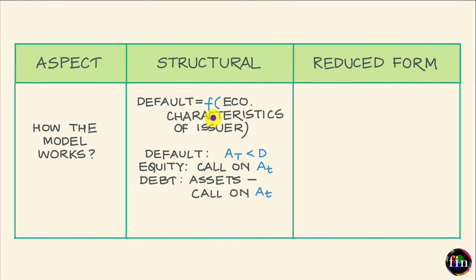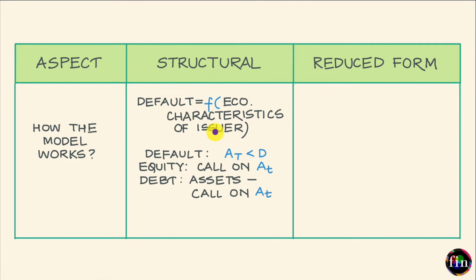These economic characteristics can be, for example, the levels of the assets, the riskiness of the assets as measured by the standard deviation or volatility, the structuring of the cash flows which come from the assets and how these cash flows are divided between the equity holders and debt holders. Or a structural model can even choose to work with the leverage which the firm has chosen to work with. Leverage is the ratio of debt to equity.